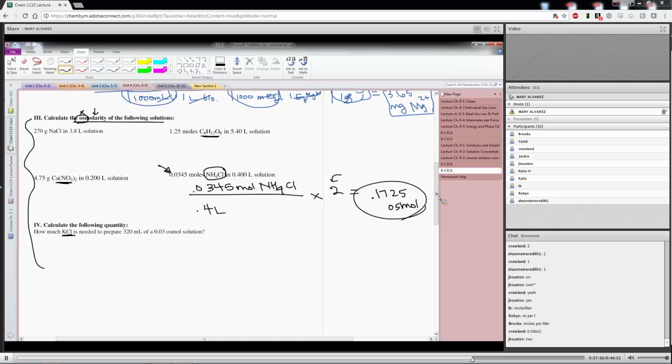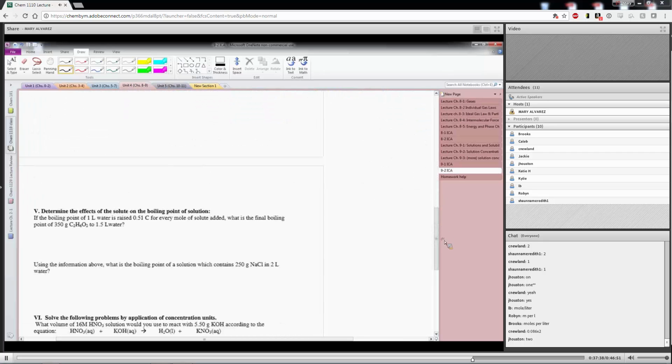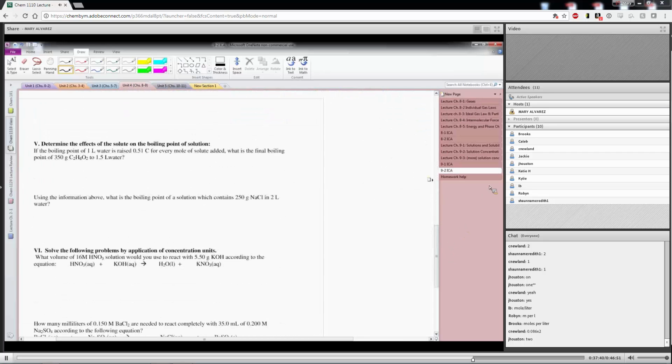Okay, osmolarity also affects, in addition to osmotic pressure, physical properties of a solution like melting point and boiling point. These are called colligative properties, or properties of a solution, which will change slightly depending on concentration of the ions or the species in solution.